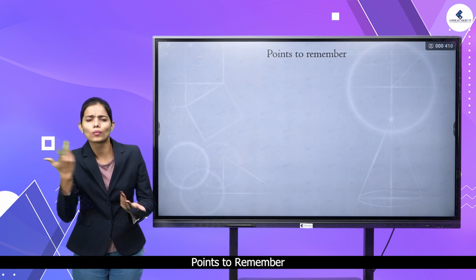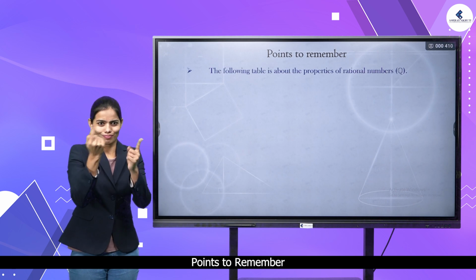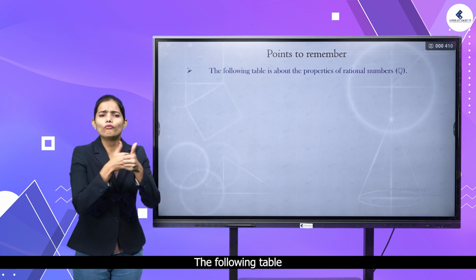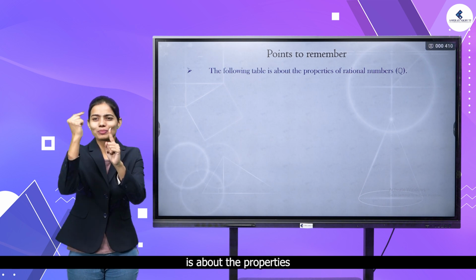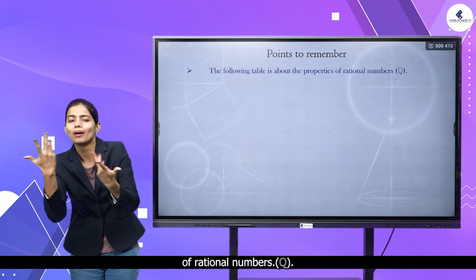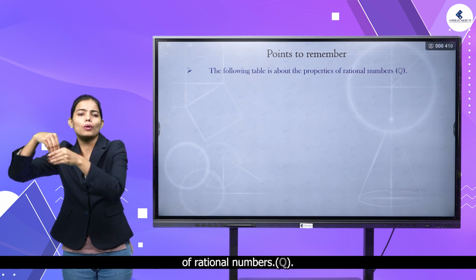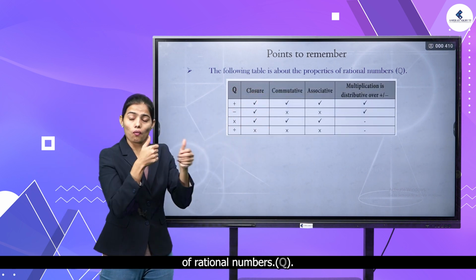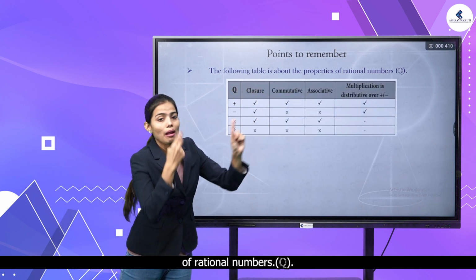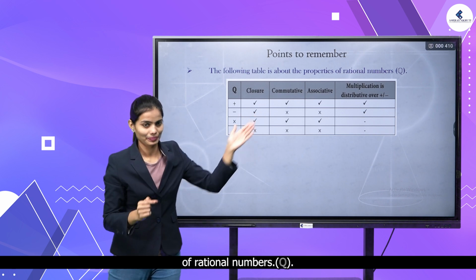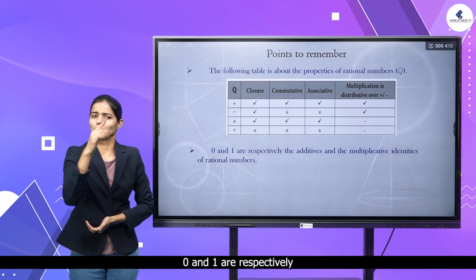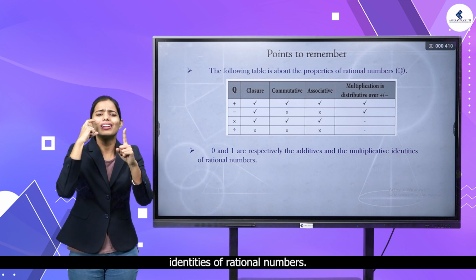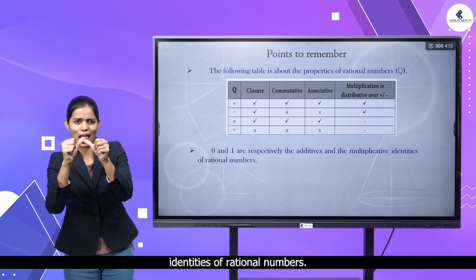Points to remember. The following table is about the properties of rational numbers Q. Zero and 1 are respectively the additive and the multiplicative identities of rational numbers.